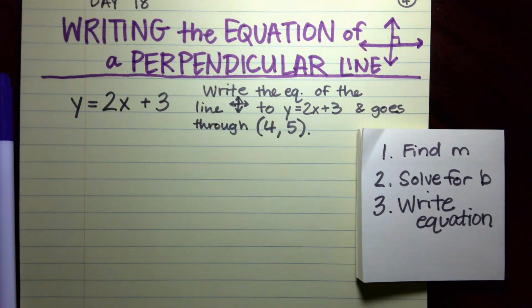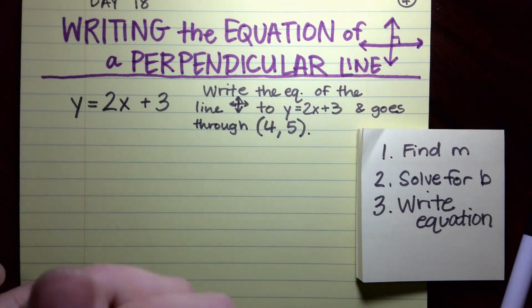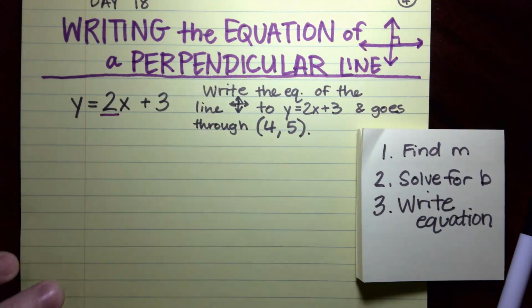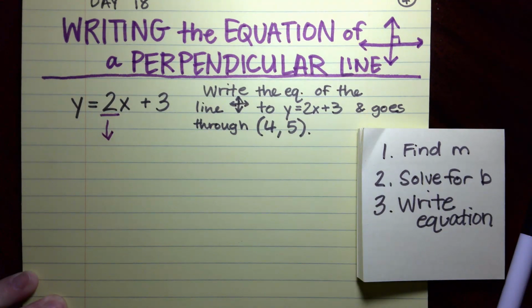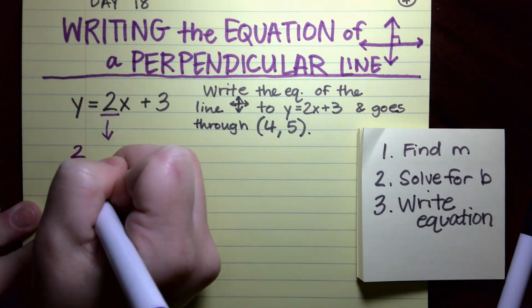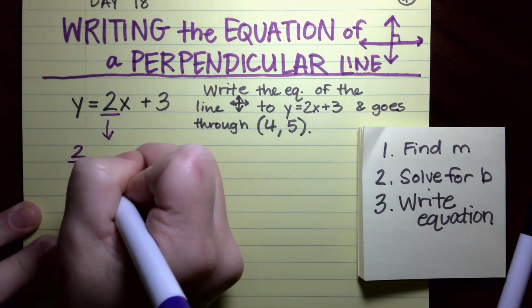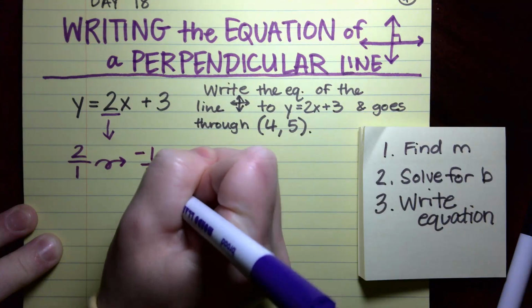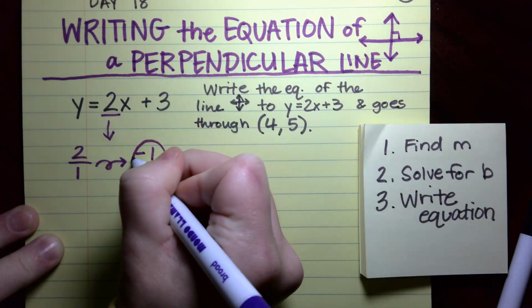So what is the slope of the original line? 2. The negative reciprocal is what we're going to do to find the new slope. So what is the negative reciprocal of positive 2? If we need to write out this process, that's okay. We have 2 over 1 to start, it changes to a negative, and then we flip it. Negative 1/2 is our new slope.